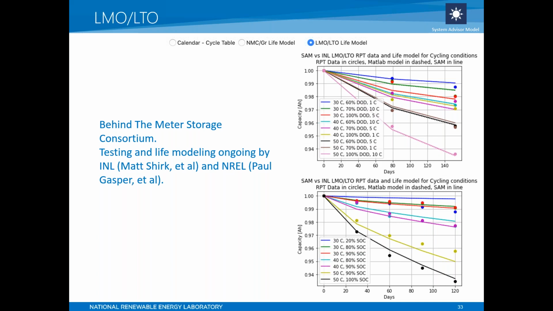In terms of the capacity degradation, it's much less than the two models that we saw before. But on the other hand, the data is still rather limited. There's only been a maximum of 150 days and only a few data points collected so far. So we look forward to improving these models in the future.